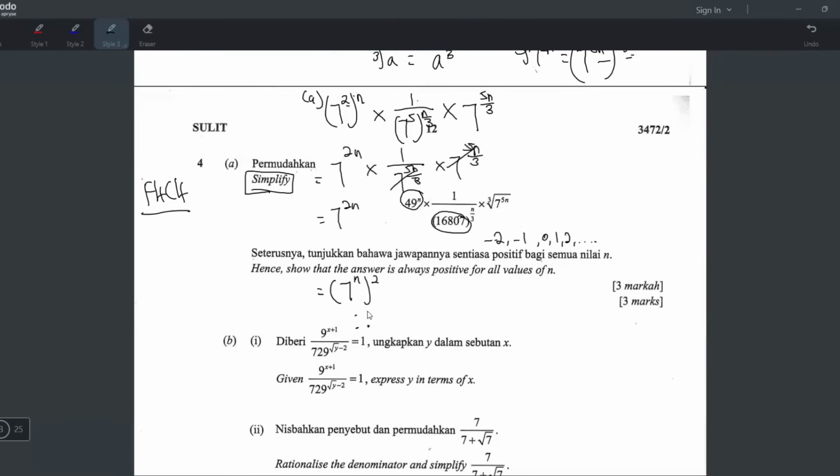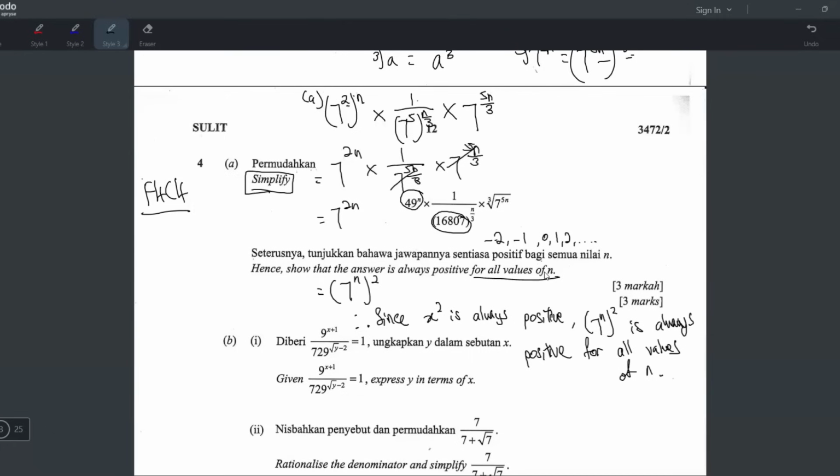But of course, you have to write a sentence, and I'll write like this. Since x squared is always positive, therefore 7 power n power 2 is always positive for all values of n.